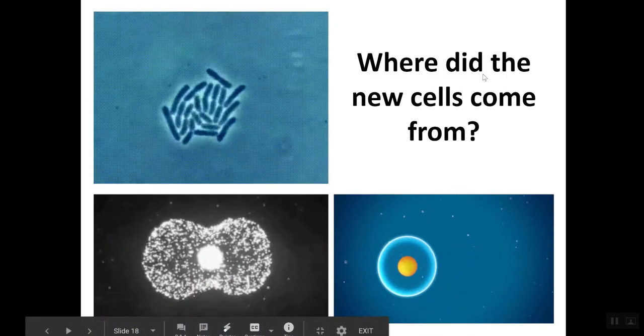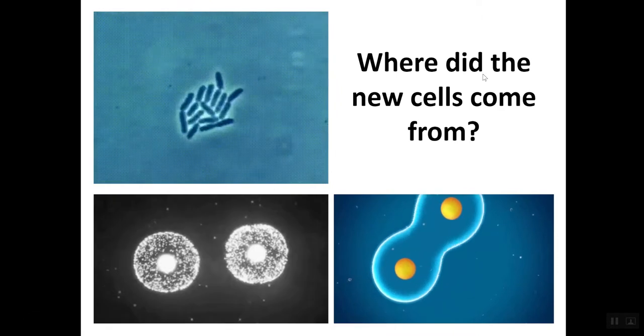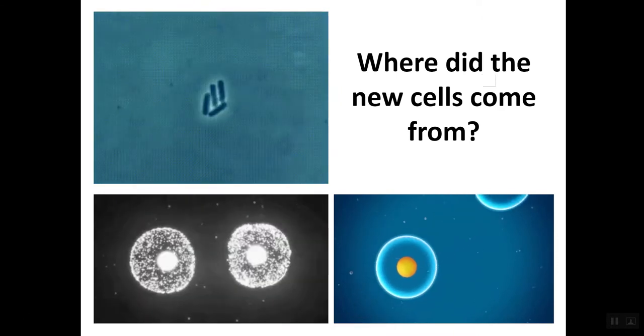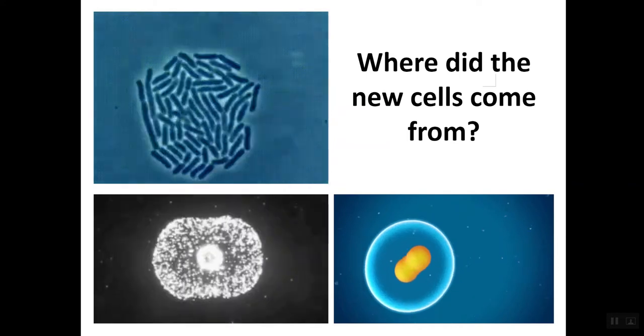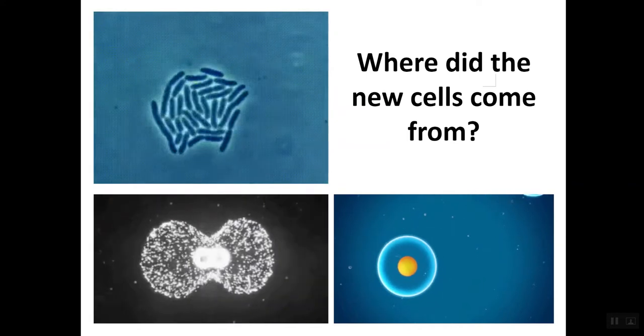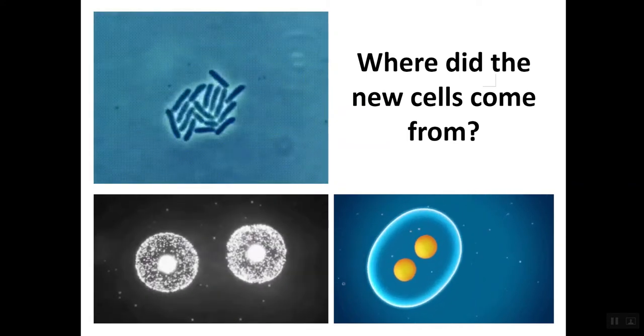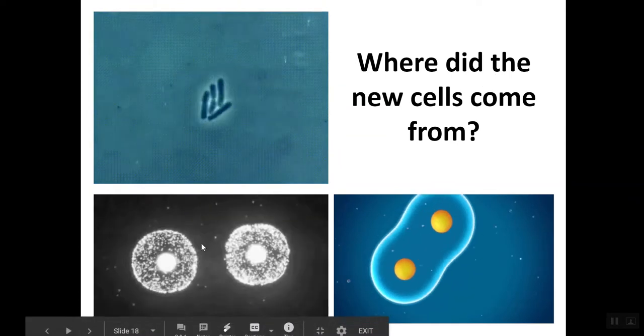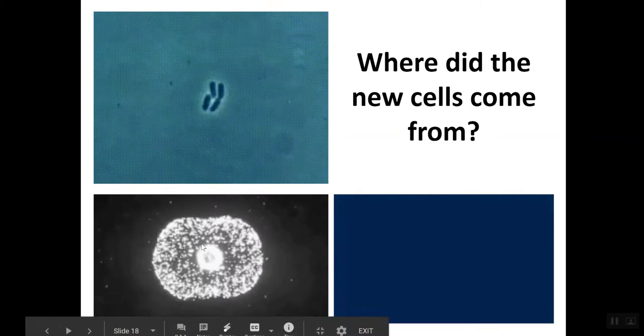All right. So I wanted to give you guys a few examples of those, even ones that you might have in your own backyard. But let's finish this up and talk about the other two components of cell theory. First, I want you to think about where the new cells in all of these images are coming from.